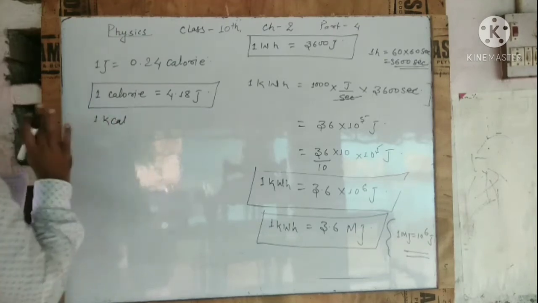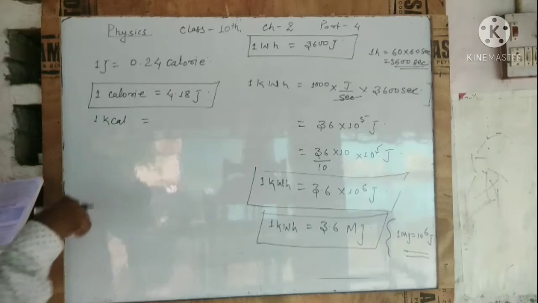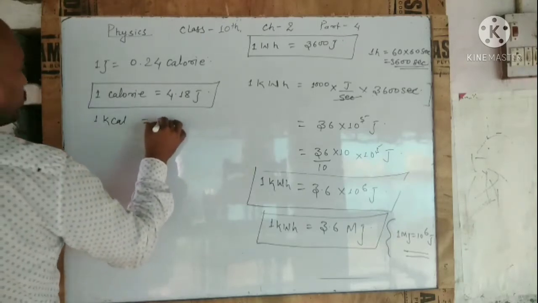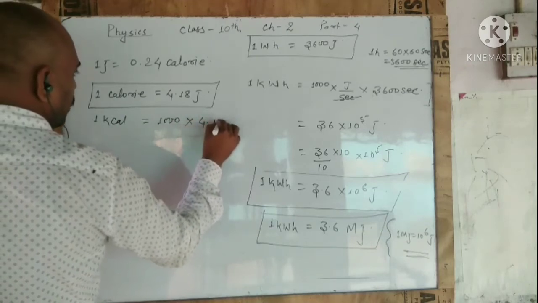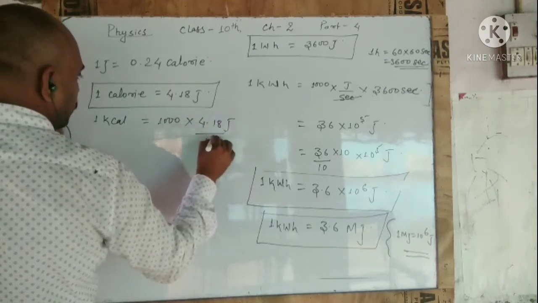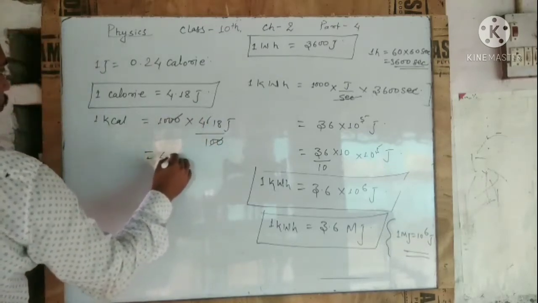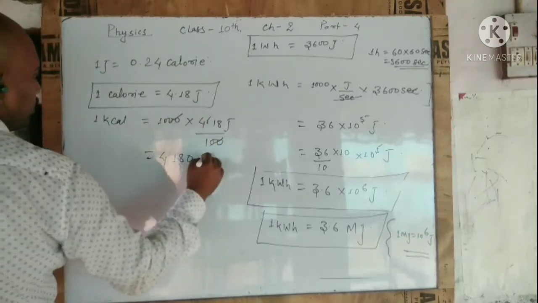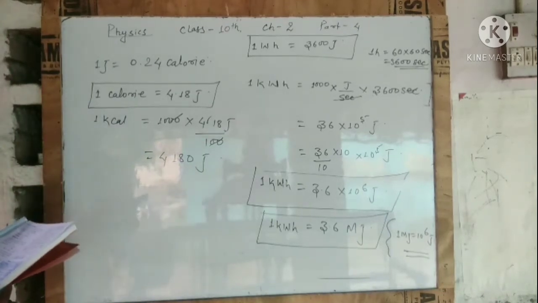You may also write calorie in short. So you will multiply 1000 into 4.18 joule. After calculating, you will get 4180 joule, which means 4180 joule is equal to 1 kilocalorie.